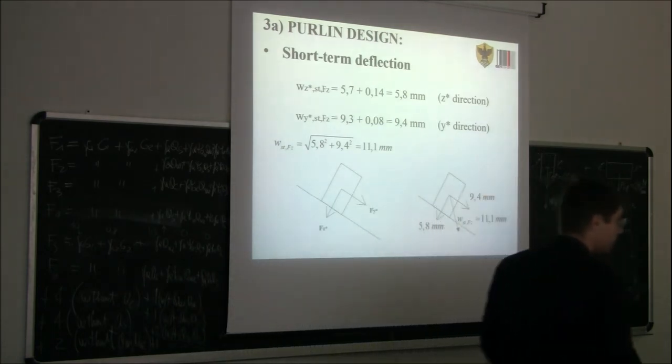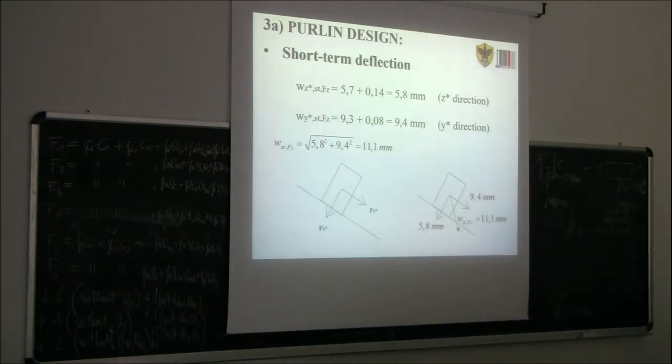Okay? This is the total deflection that we need to check against the maximum value provided by the regulation. The maximum value provided by the regulation for a roof is the length of the roof divided by 200. No, sorry, divided by 250 in this case, because it's a non-accessible roof.